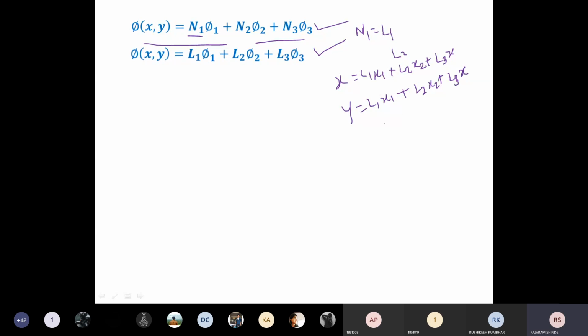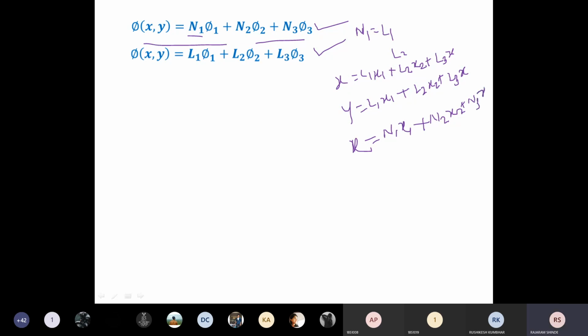Now here if I replace L1, L2, L3 by N1, N2, N3, I will get x is equal to N1 x1 plus N2 x2 plus N3 x3.